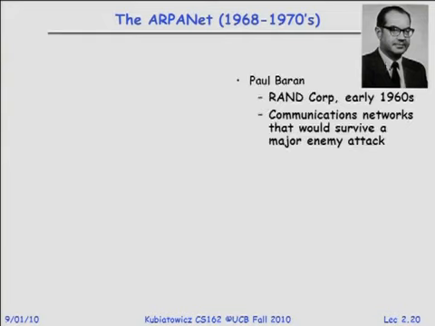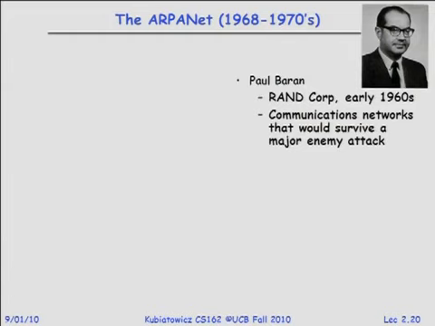One person at RAND Corporation, Baran, was interested in networks that would survive something like a nuclear disaster. His idea was to take what you're sending, chop it into little pieces, and send them on different paths, so that if one path is dead for some reason, you can get there on a different path. That was how he came up with packet switching.